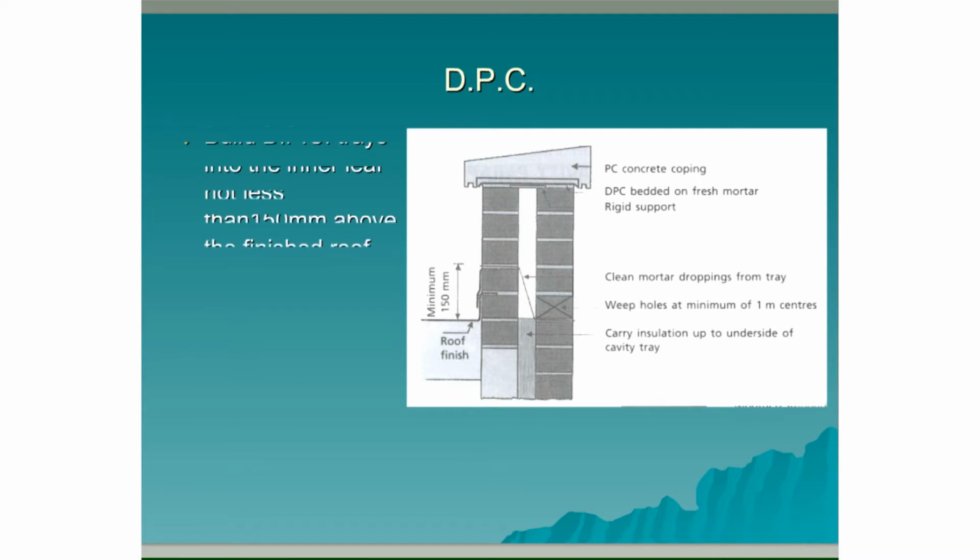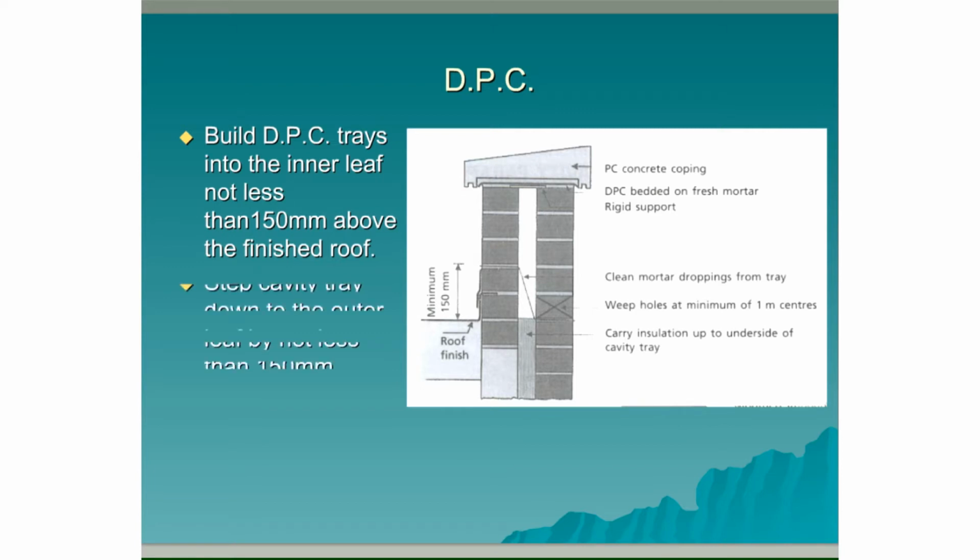D.P.C. Build D.P.C trays into the inner leaf not less than 150 mm above the finished roof. Step cavity tray down to the outer leaf by not less than 150 mm also.